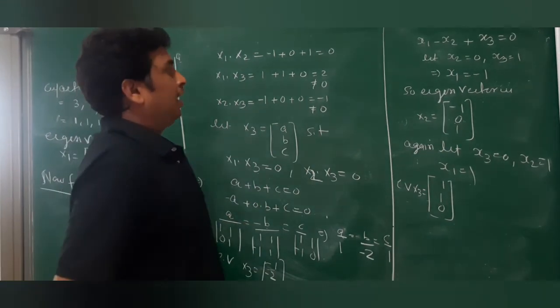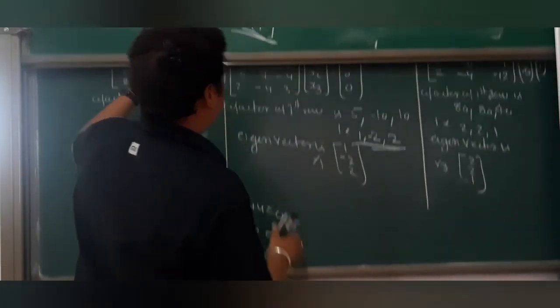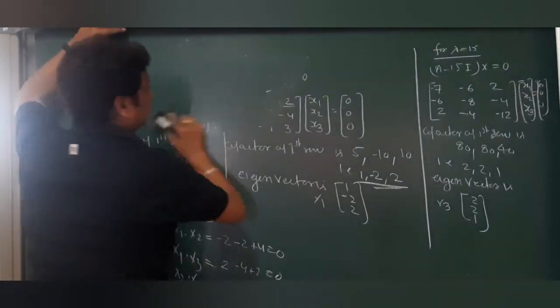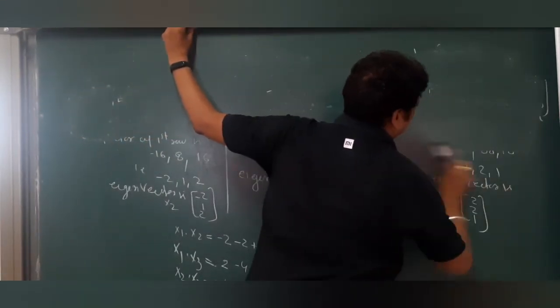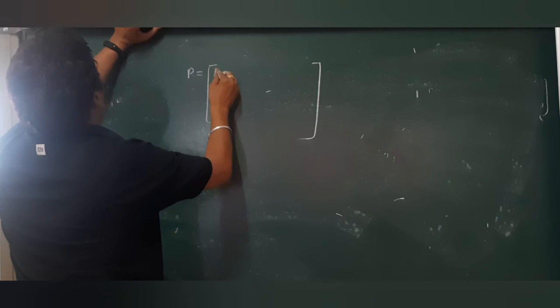So once you know x1, x2, x3, which are pairwise orthogonal, then what is your next part? The P matrix, which is in orthonormalized form. So what is the P matrix? Divide each actual vector by its norm. So what is the norm? Root 3.